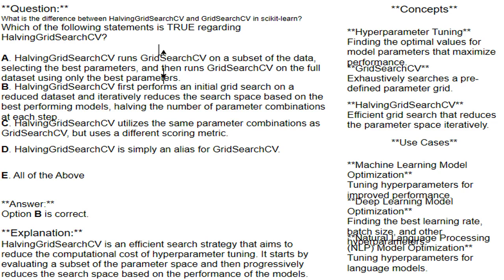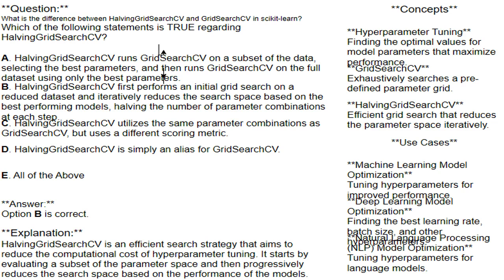C. Having grid search CV utilizes the same parameter combinations as grid search CV, but uses a different scoring metric. D. Having grid search CV is simply an alias for grid search CV. E. All of the above.